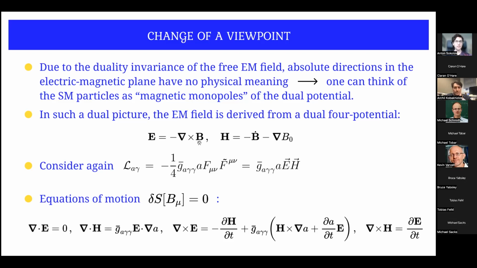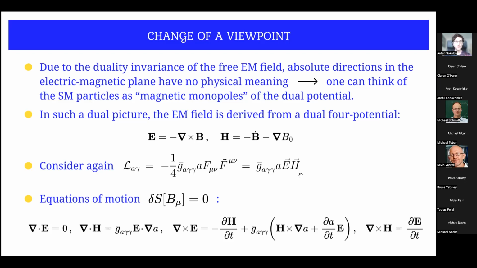This is the idea. Yes, and then, if we now consider again the axion coupling to electromagnetic fields, which is a F dual F here, or so a E times H, we see that actually we get different equations of motion.